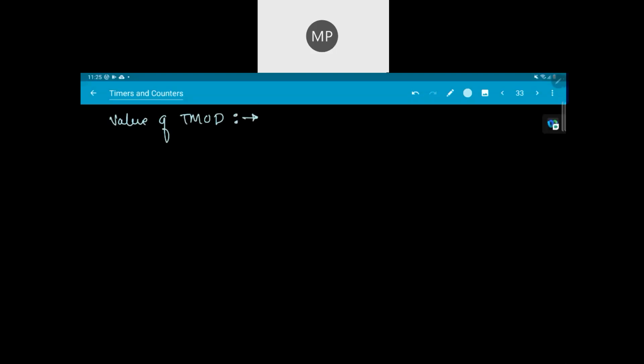For this, as we know, the input is applied at pin 3.4, right? What does it mean? It means that we have to use counter 0 and timer 1.